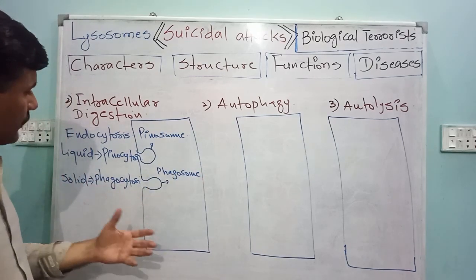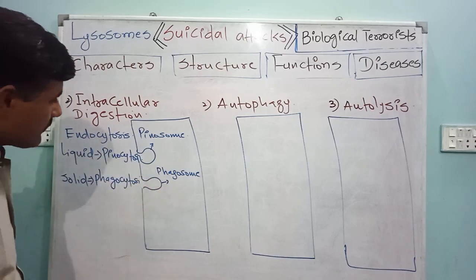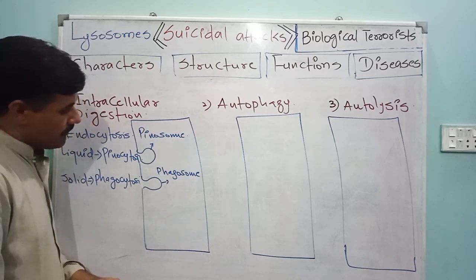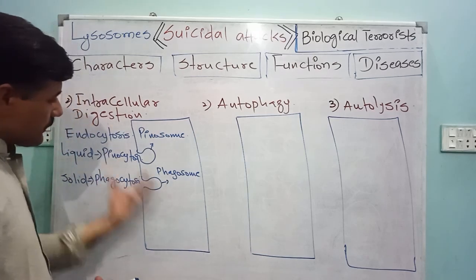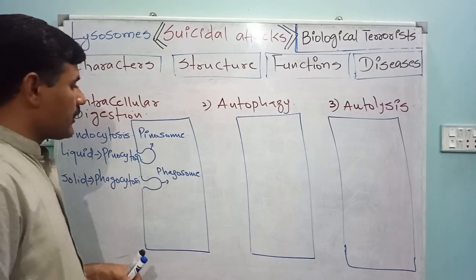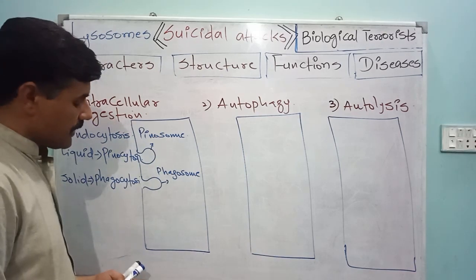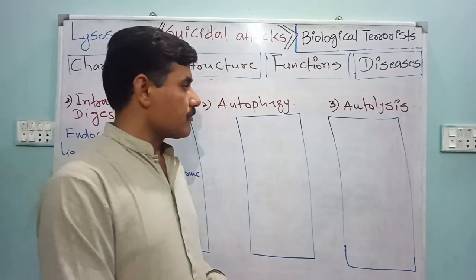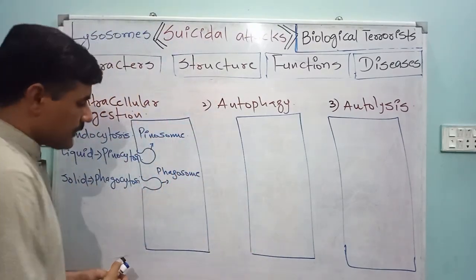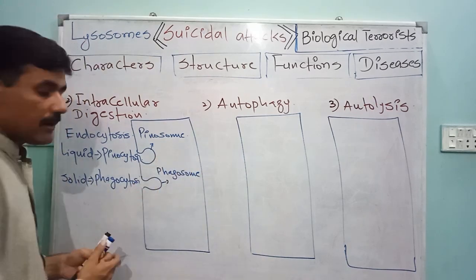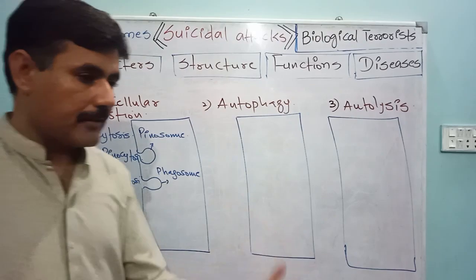By these ways, when food enters the cytoplasm, it forms either pinosomes or phagosomes. These pinosomes and phagosomes are vesicles, the food vesicles. When these food vesicles enter the cytoplasm, the food is to be digested. This digestion is termed intracellular digestion.